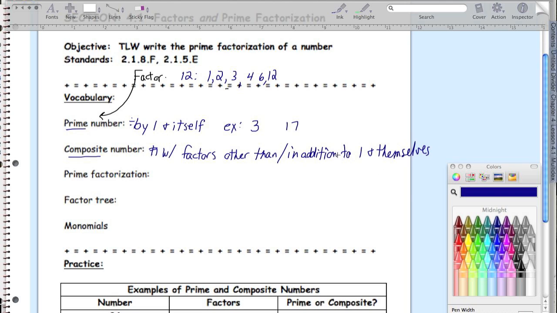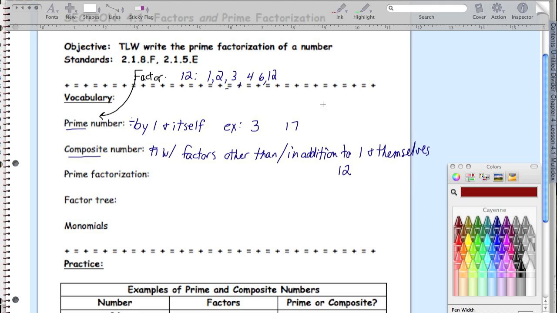So for instance, we looked at the number 12. 12 is a composite number because there are a lot of factors that go into it beyond just 1 and itself. 2, 3, 4, 6 also divide evenly into 12 without giving me any remainders.